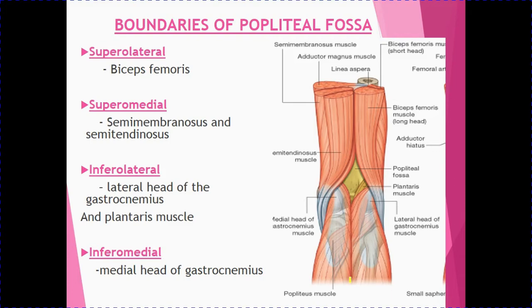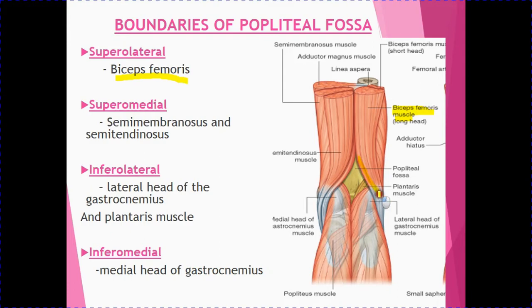Boundaries of the popliteal fossa. Now you have to remember the names of the muscles which are forming these boundaries. When you look into the figure, the superolateral boundary is formed by the biceps femoris. This is the biceps femoris muscle.